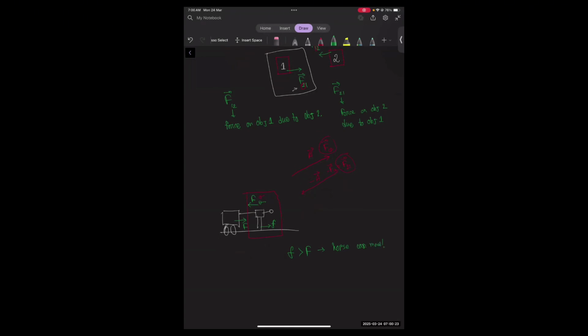Because whether the horse moves or not depends on the forces on the horse. Similarly, if you consider the car, there will be some frictional force from the ground acting behind it. Let's call it F prime. So as long as F is larger than F prime, the car moves. So there is actually no contradiction.